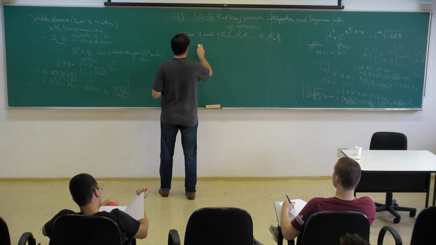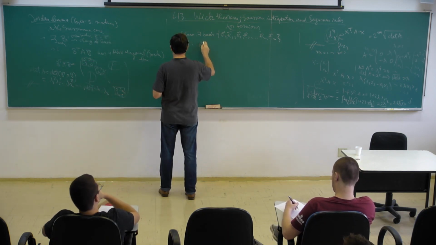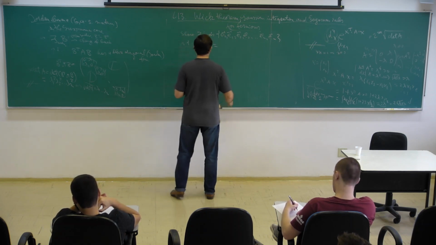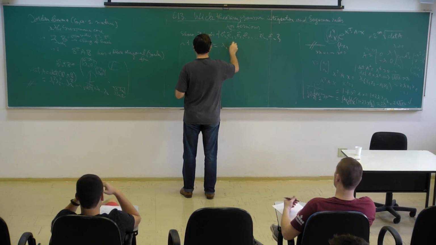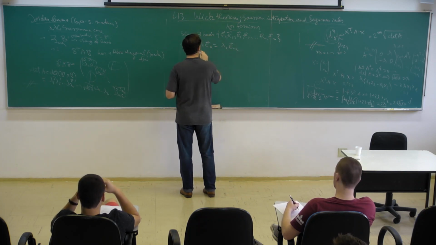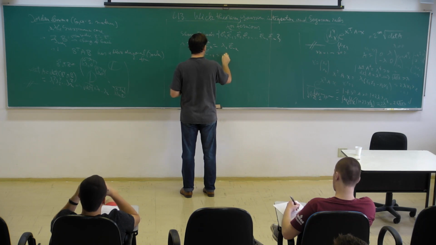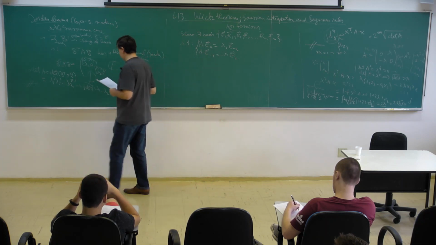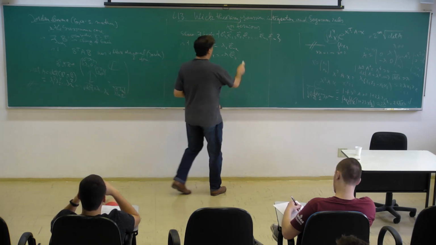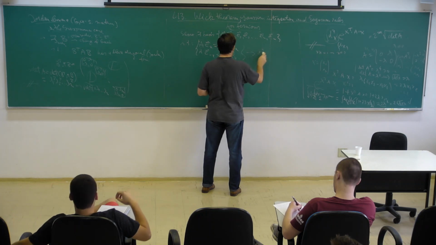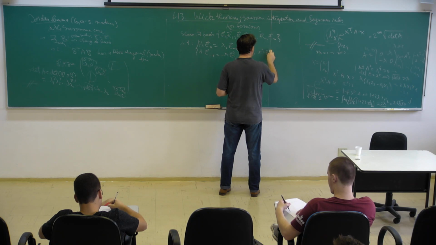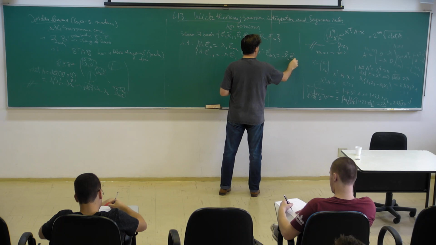Let's say A EK is lambda k E minus k, and A E minus k is minus lambda k EK. It also means that applying A twice, A squared E plus minus k is minus lambda squared E plus minus k.